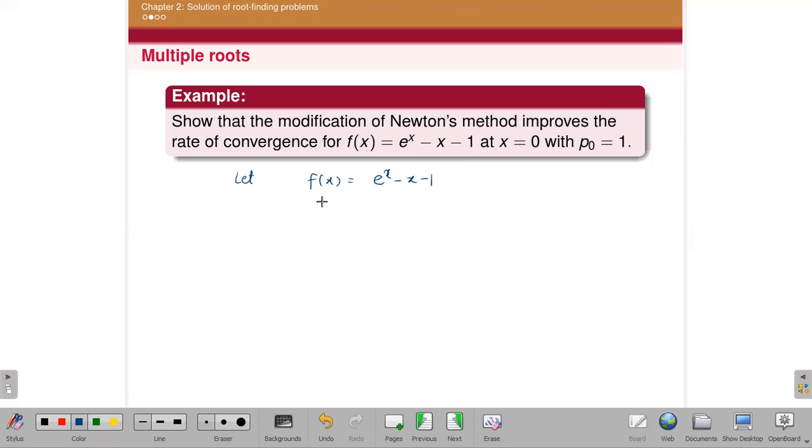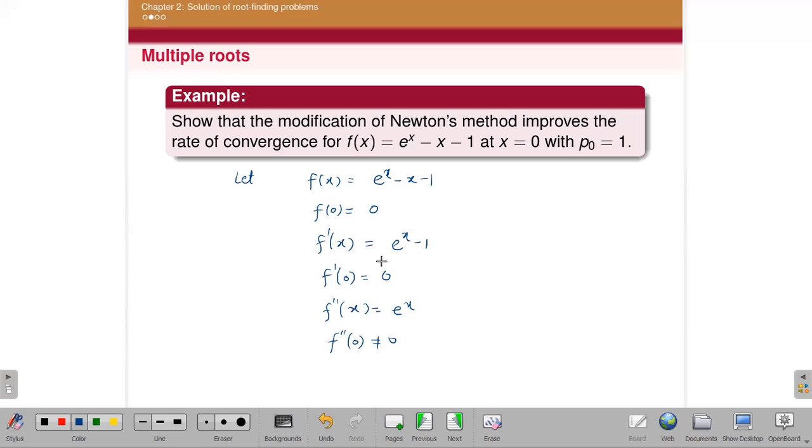Okay. So here f of 0, or you can find the multiplicity also. f of 0 is equal to 0. f dash at x is e raised to power x minus 1, f dash at 0 is 0. f double derivative at x is e raised to power x, but here the double derivative at 0 is non-zero.